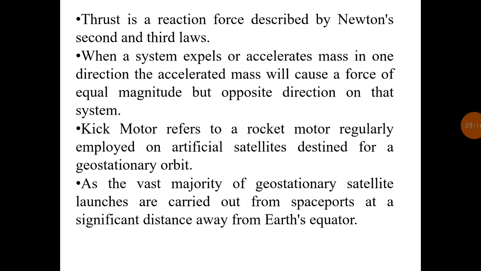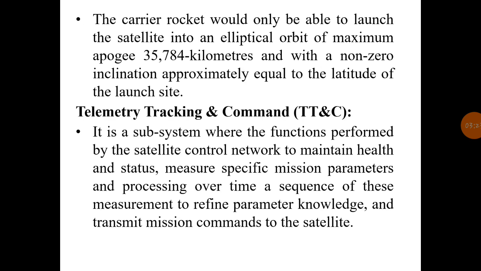The vast majority of geostationary satellite launches are carried out from a spaceport at a significant distance from the Earth's equator. Telemetry, tracking and command (TT&C) control is the subsystem where the functions are performed by the satellite control network to maintain health and status, measure specific mission parameters, process the sequence of these measurements to define the parameter knowledge, and transmit controls to the satellite.